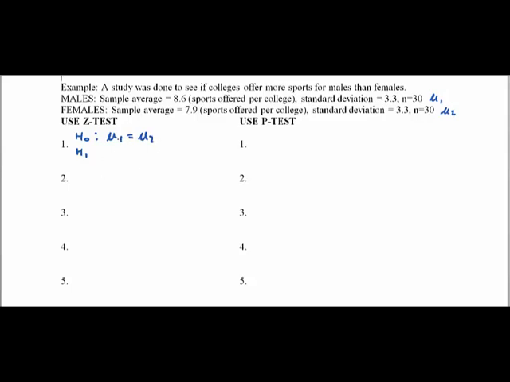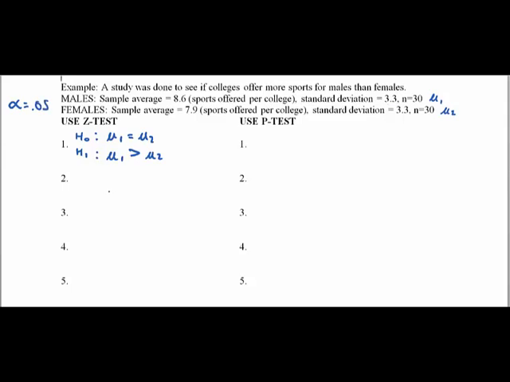This is saying that their sports are equal, or not statistically significantly different. My alternative says that there are more sports offered for men than women. We can see that that is the case if we just look at the averages. But looking at the standard deviations between the two of them, is this statistically significant with an alpha of 5%?